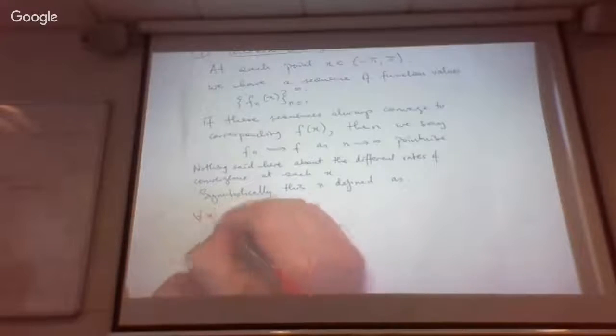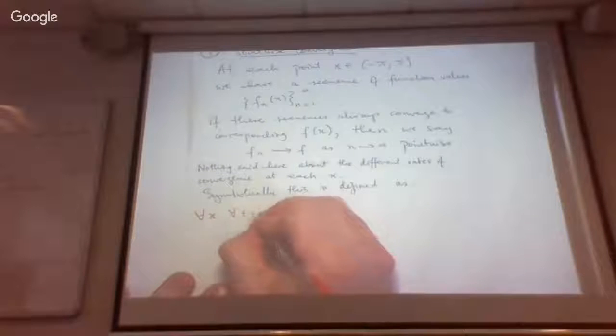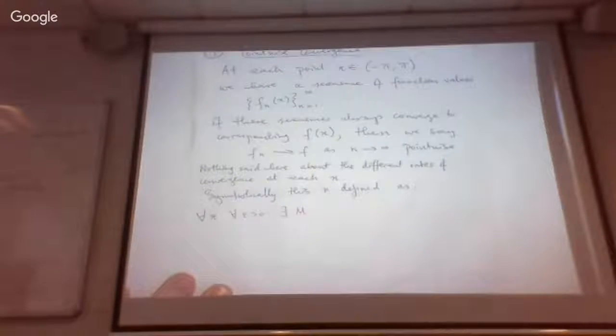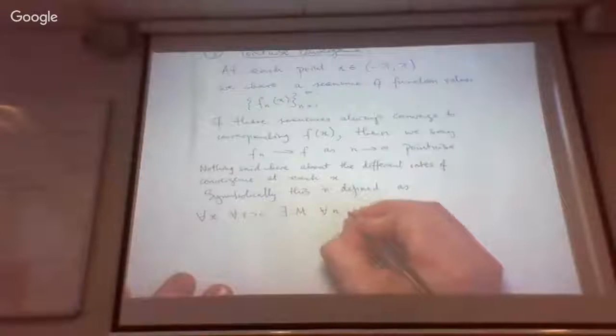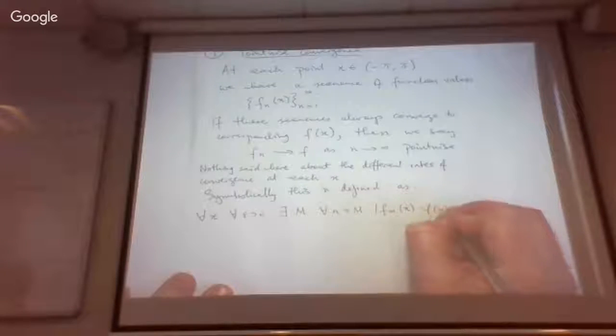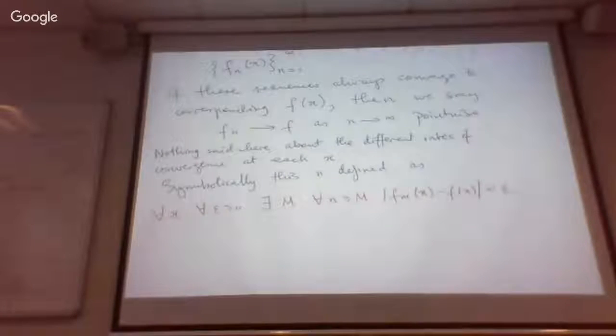It says for every x in the domain, for all x, for all epsilon, there exists some point M such that for all n bigger than or equal to M, the absolute value of fn of x minus f of x is strictly less than epsilon. Remember, this is how we define convergence.